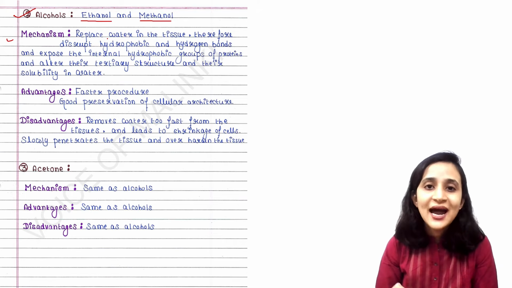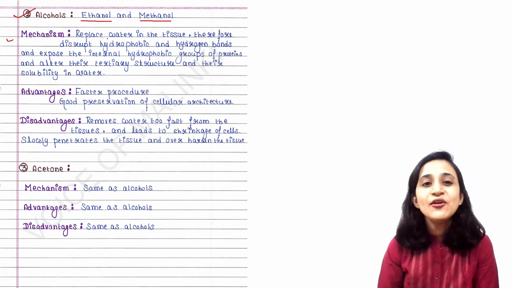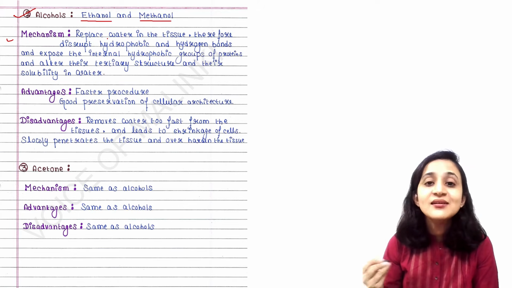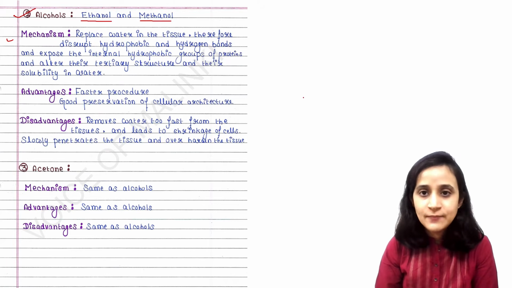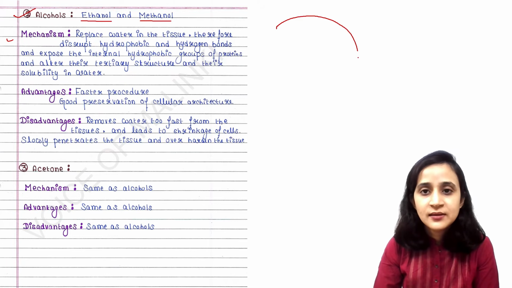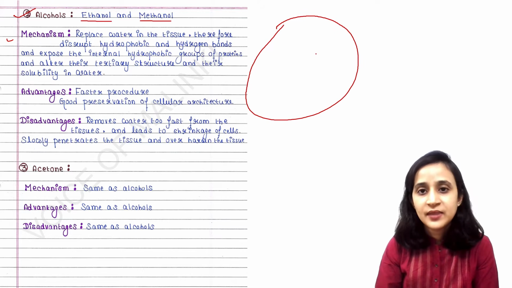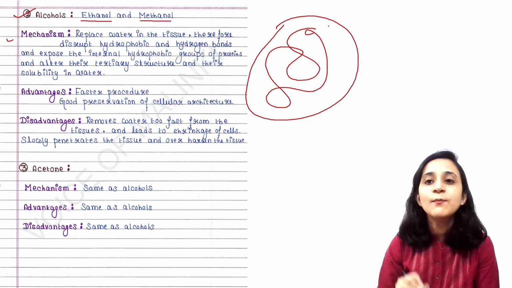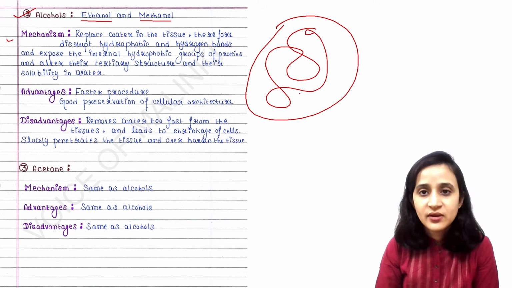So what does that mean? First of all, alcohols replace water in the tissue. They make the tissue dehydrated. Now what happens in a cell? Suppose this is a cell and this is a protein in this cell, right?